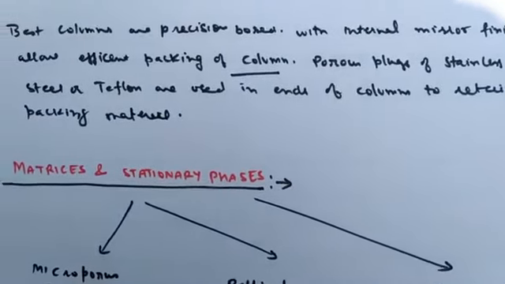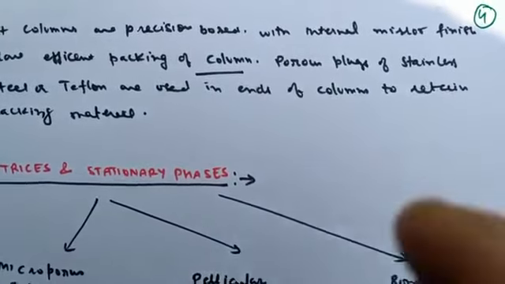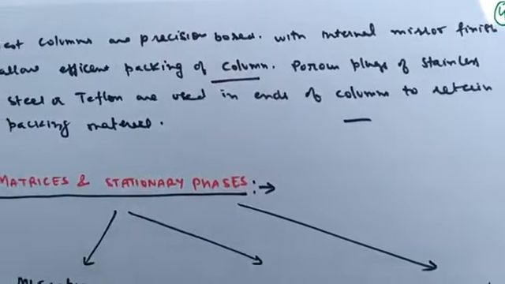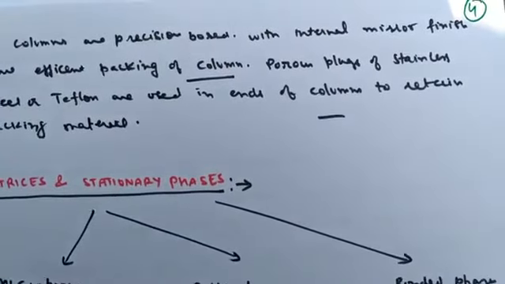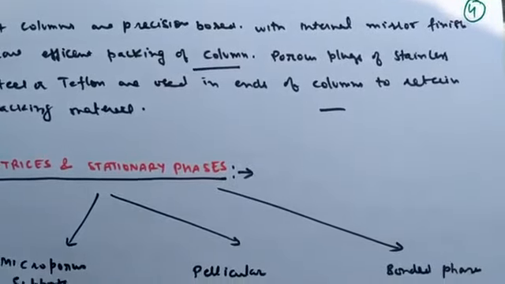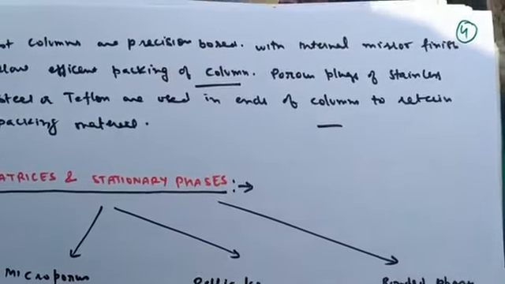A porous plug of stainless steel or Teflon is used at the end of the column to retain the packing material. In the end we use Teflon that withstands the pressure of the column, and we can apply the lid over it.